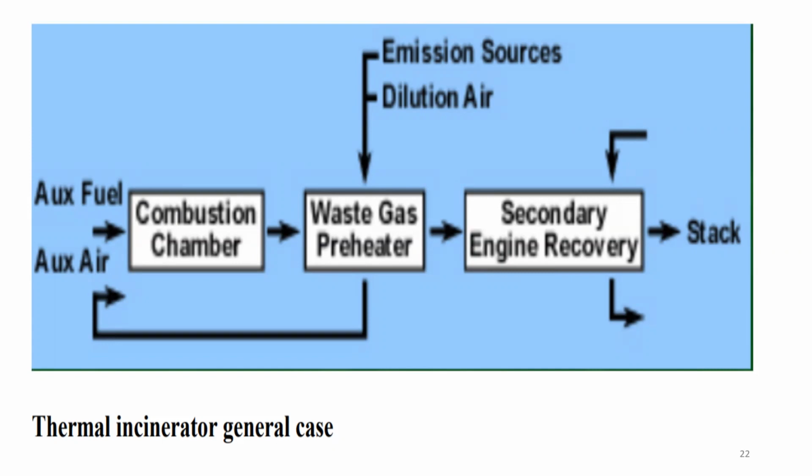So from the diagram itself you can understand: the emission sources are there, that is dilution air, then auxiliary air and auxiliary fuel are provided in the combustion chamber, and there is a provision of a waste gas preheater, and then secondary energy recovery. And then after combustion, the flue gases which are generated are called stack.